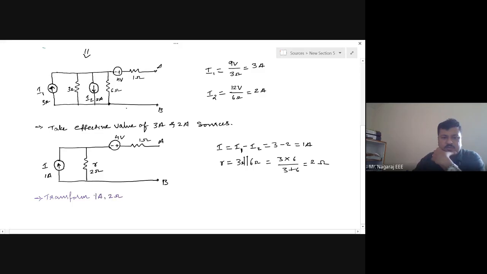Transform 1 amp, 2 ohms into a voltage source.